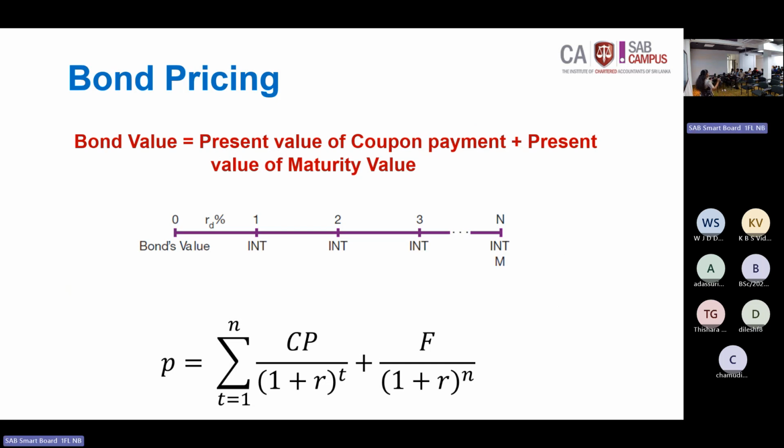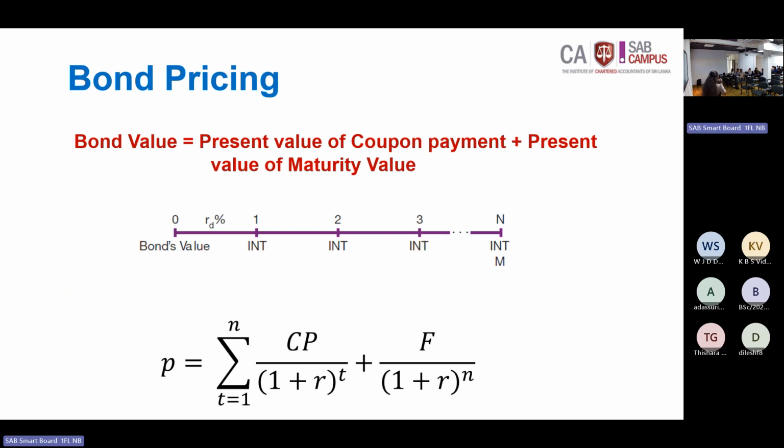Regarding the bonds, what are the cash flows? Future cash flows, from the perspective of the company as an investor. As an investor, what is he receiving during the 5 years? Coupon payment.